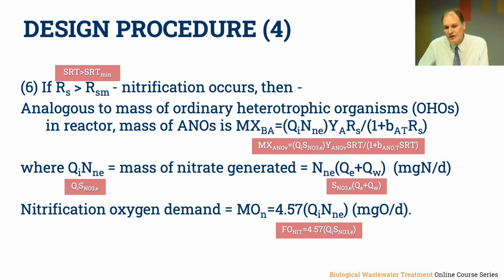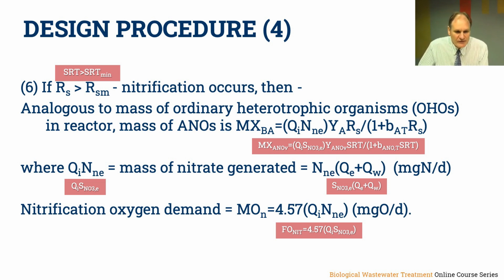And you notice that this term is identical to that of the ordinary heterotrophic organisms, except it has its own kinetic constants and stoichiometric constant. It has its own yield coefficient, the yield coefficient for nitrifying organisms, and it has its own endogenous respiration rate.